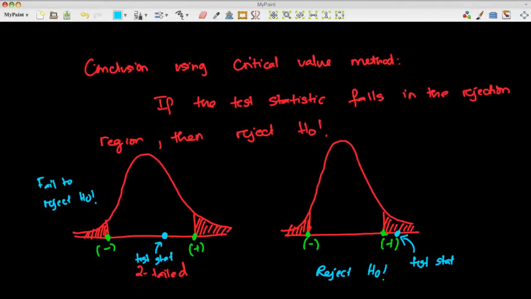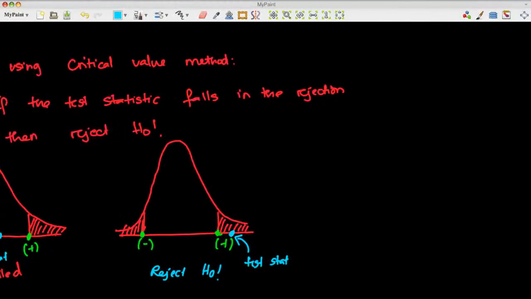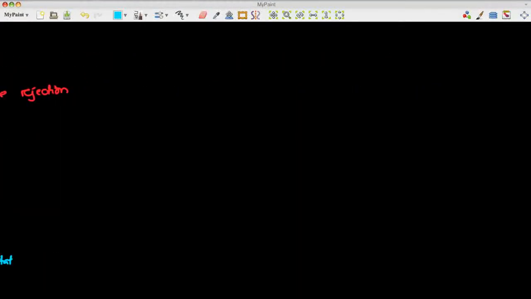Now, what if I take one more scenario where I have a two-tailed test again.